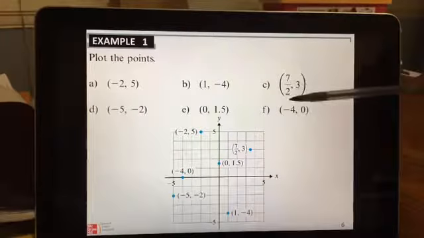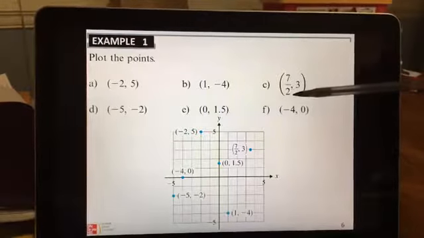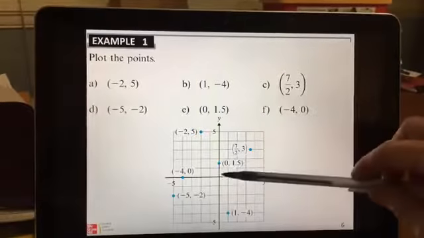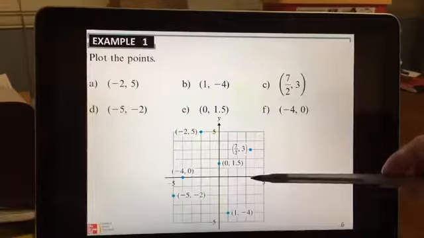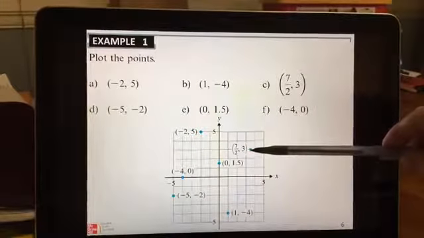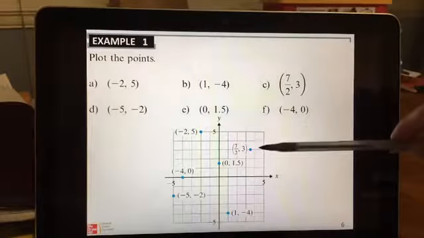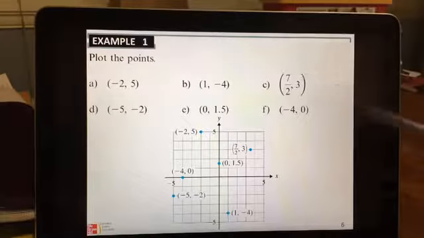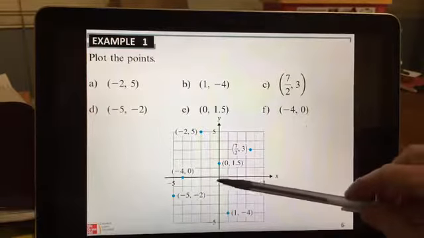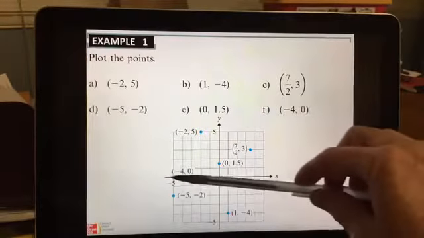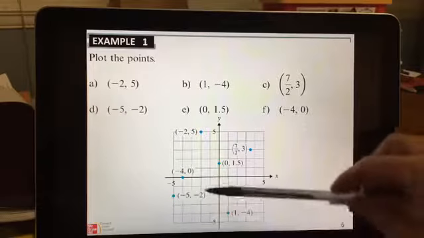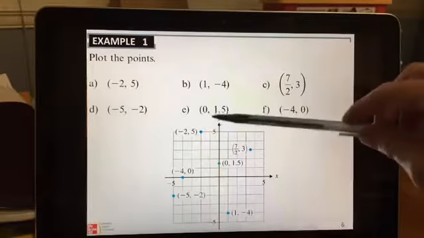C, 7 halves and 3. Well, first we have to realize that 7 halves is 3 1/2. So it will be from the 0, 0, right 3 1/2 steps and up 3 steps, and it winds up in quadrant 1. Negative 5, negative 2 is back 5, down 2. So left 5, down 2. It winds up in quadrant 3.